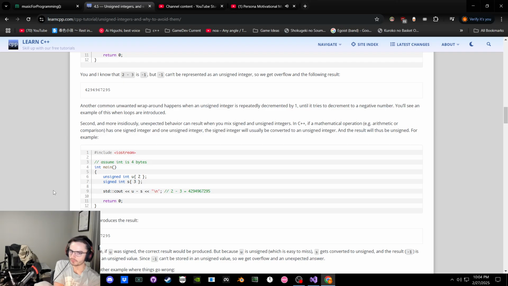Eventually it would increase to 256, but 256 is outside the range of a 1-bit unsigned int. So it'll then go 255, 0, and then it'll keep on looping.